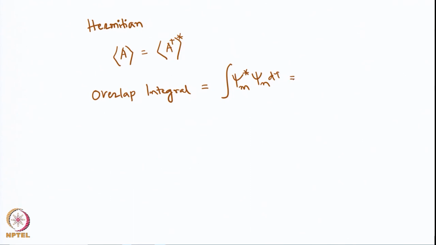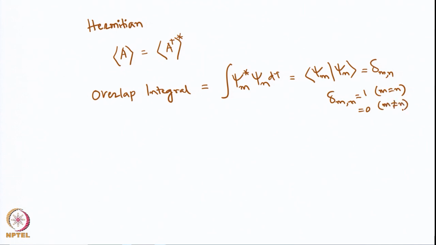In bracket notation this is psi m psi n, and for a given system it is given by delta m comma n. Delta mn is nothing but the canonical delta: delta mn is equal to 1 if m is equal to n and 0 if m is not equal to n.